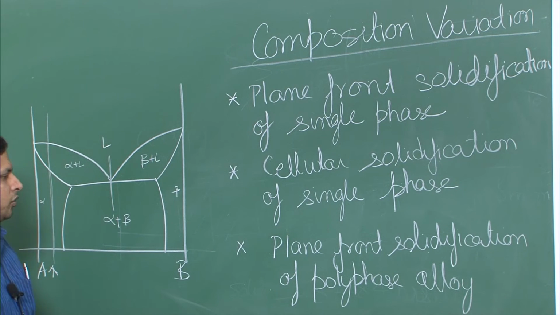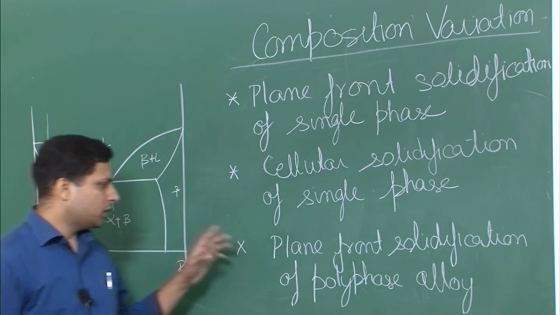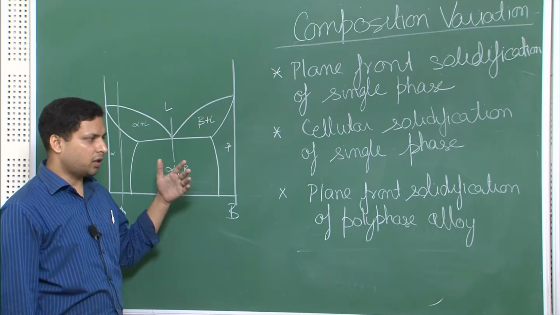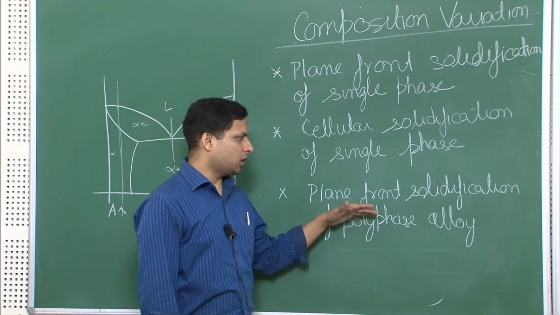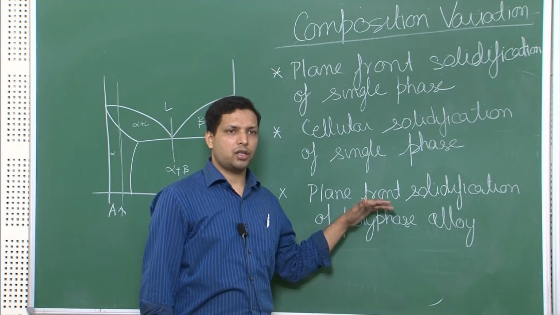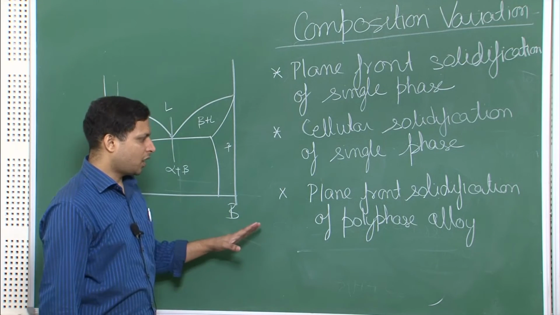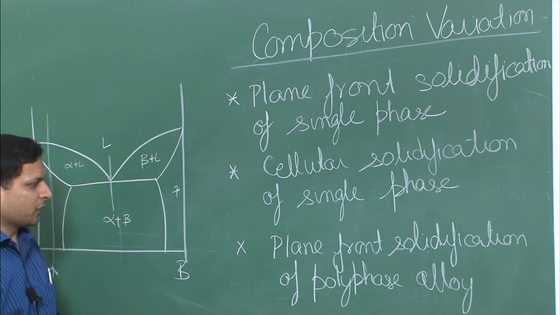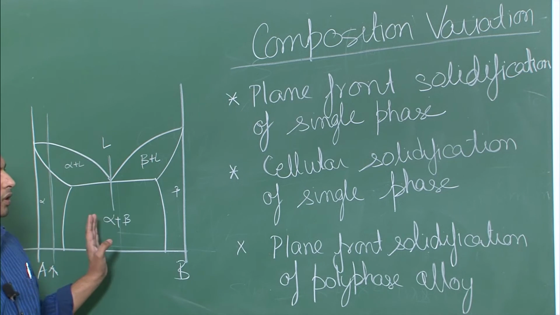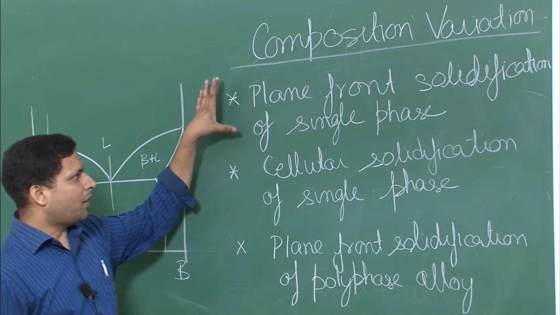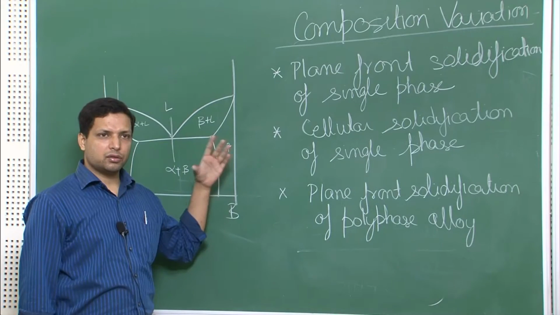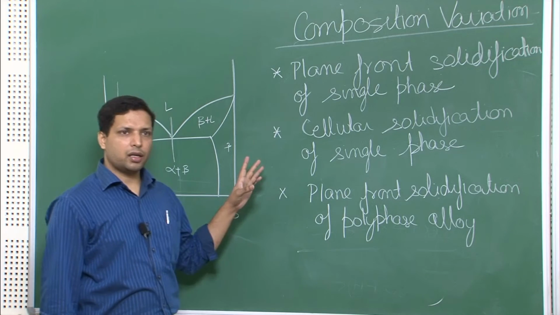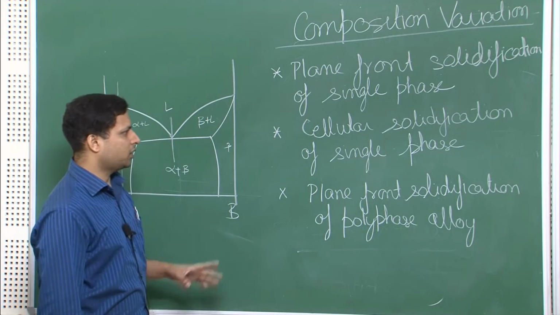Even in the plane front, you will see that you will have more than one phase getting formed, but we will not get into the cellular solidification of polyphase alloys as of now. We will keep it simple and discuss only these three. These are the three broad classes, and even amongst these there are several subclasses, and we will touch upon them as and when we get to them.